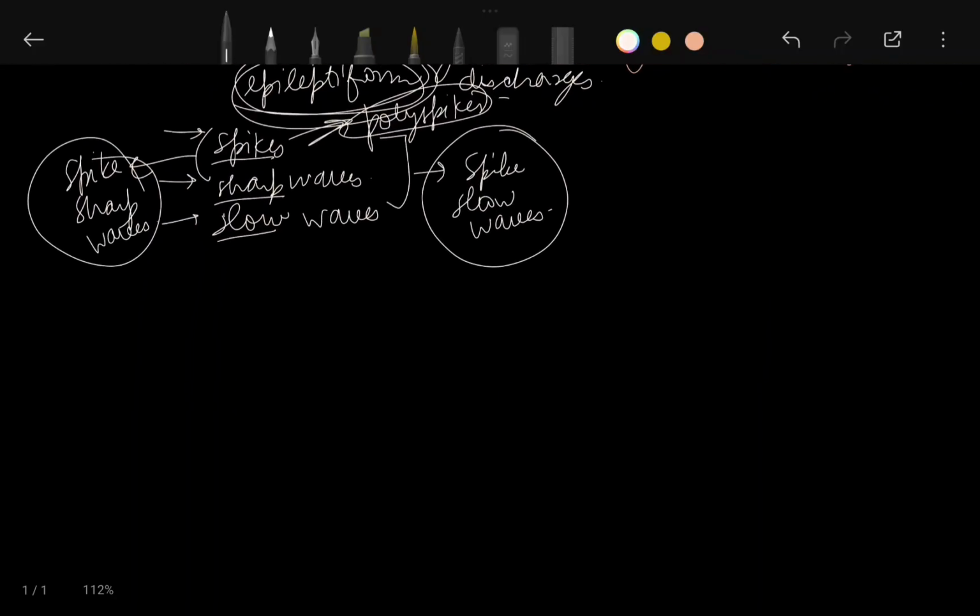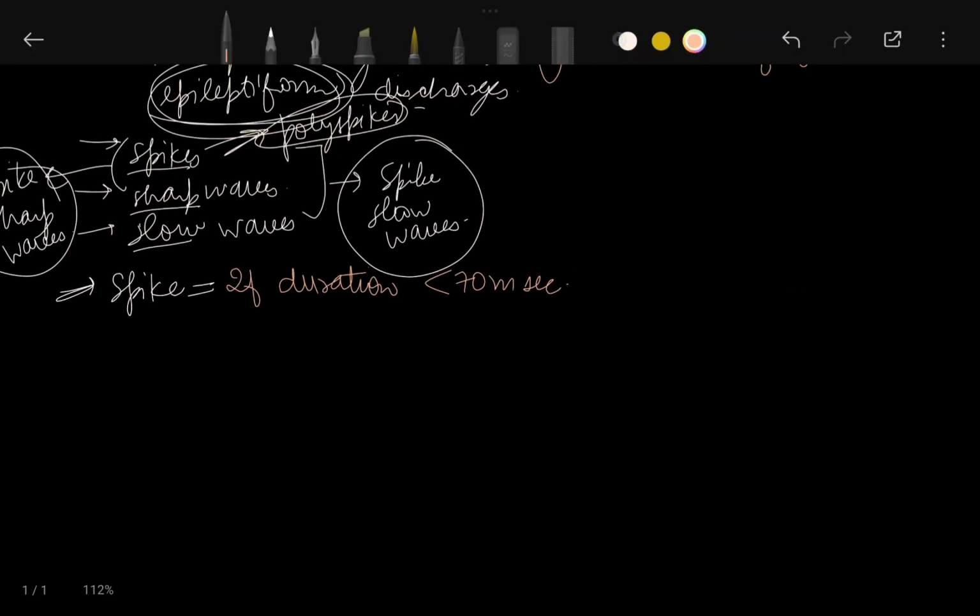Now, how do you define a spike? If the duration of the wave is less than 70 milliseconds, then it is a spike. For example, this is a normal wave. If the duration is less, like in seizure, less than 70 milliseconds, then it is a spike.